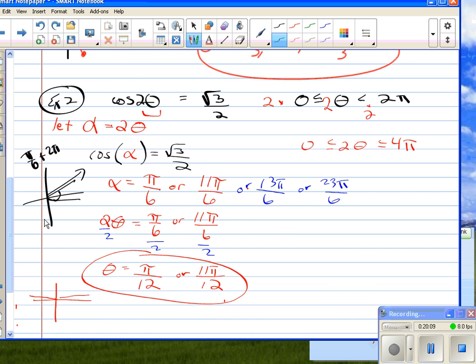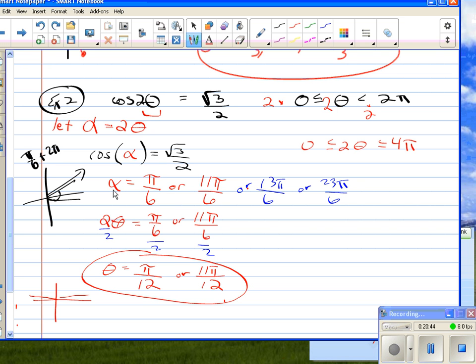Yes, I have that. So why did you do it to the pi over 6 and not the pi over 12? How can I explain that? The best answer is because if you do it to the pi over 12, the answer will be wrong. Oh, for alpha. I see what you're saying.